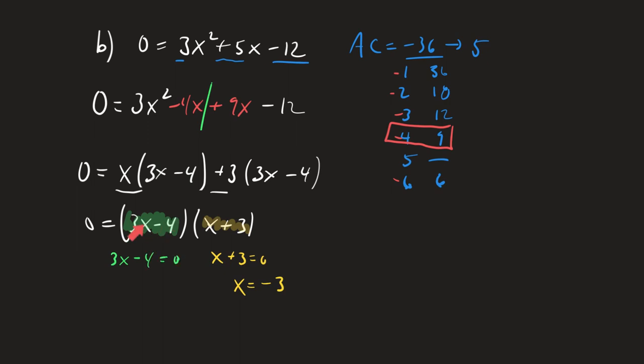I can't just look at this and say, oh, x is 4. 3 times 4 minus 4 isn't 0. So I'm going to add the 4 over, so I get 3x equals 4, and then divide by 3, so x equals 4/3. So I get this fraction, so no wonder I couldn't just see it in my head. But there's my two solutions, there's my two x-intercepts.